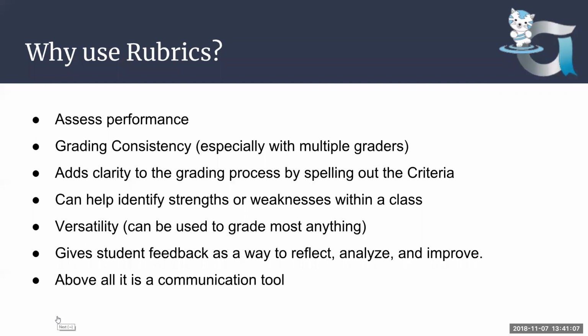And above all, rubrics serve in many ways as a communication tool, right? Based on the performance of the person who's being evaluated. That's in the end one of the ways it does. It really communicates the performance of that particular student.